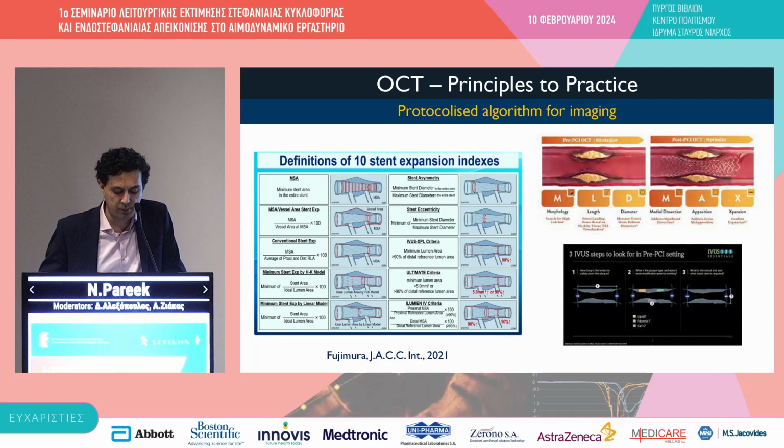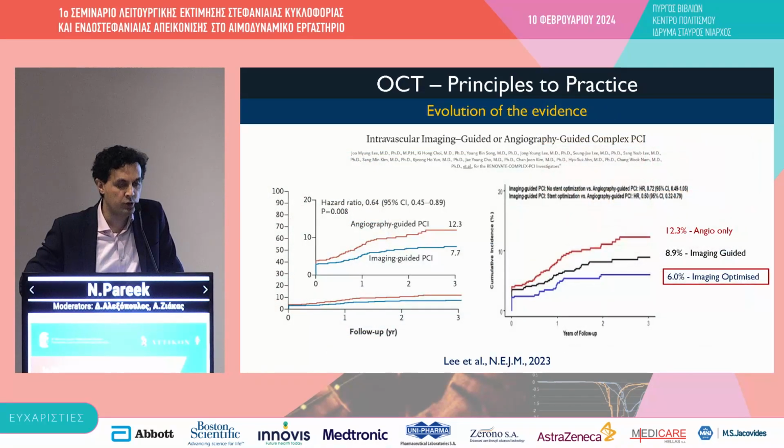And our industry collaborators have made snappy slogans such as MLD MAX and Boston 123. But ultimately what they do is enable the clinician to size the vessel properly, find your normal landing zones, interact with the plaque morphology, and also provide post-stent optimization, which we all do.